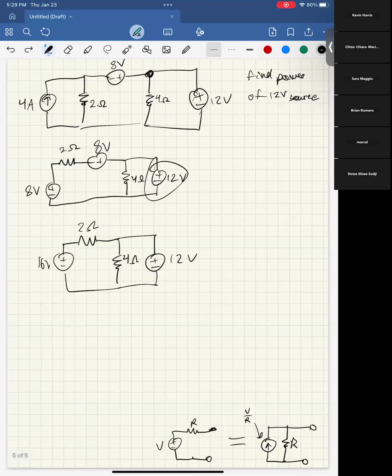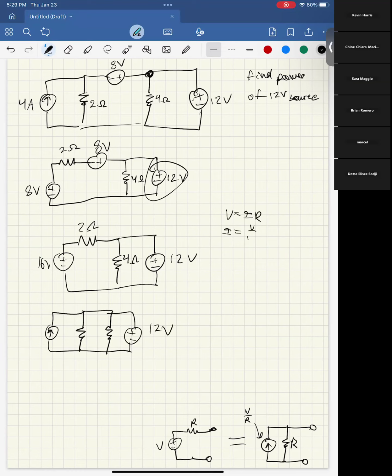So this is going to be now 16 over 2, because if V equals IR, then I equals V over R. So this would become 8 amps, 2 ohms, 4 ohms. And now we have these lovely two resistors in parallel.